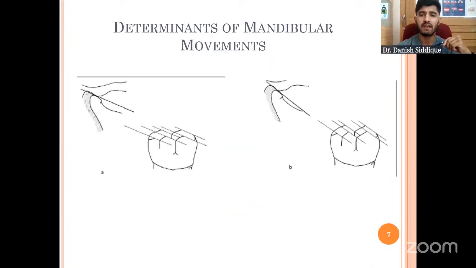So how does this affect? Why should we know about the posterior determinants? Posterior determinant is nothing but the TMJ, how it is sitting in the glenoid fossa, and how the angle of the glenoid fossa is. This affects the cusps present on our posterior teeth. So during restorations, especially in full mouth rehabs or complete dentures, that is where balancing comes into the picture, where you have to make sure the condyle guidance is recorded and your cusps are selected according to that guidance value.